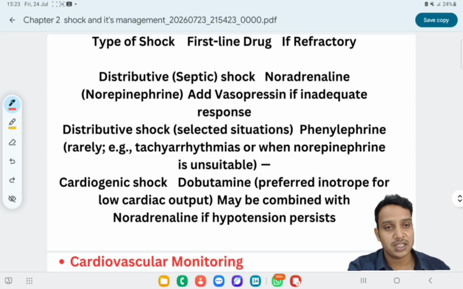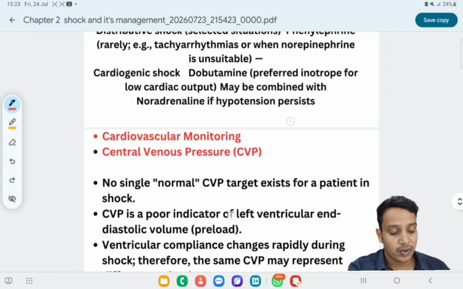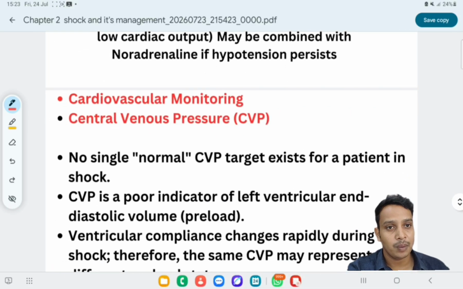So once you resuscitate the patient, monitoring of the patient is also very important, whether you have resuscitated properly or not. The first parameter in cardiovascular monitoring is our central venous pressure, that is CVP. There is no single normal value of CVP for the shocked patient.